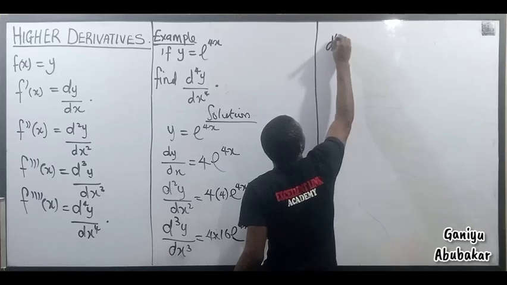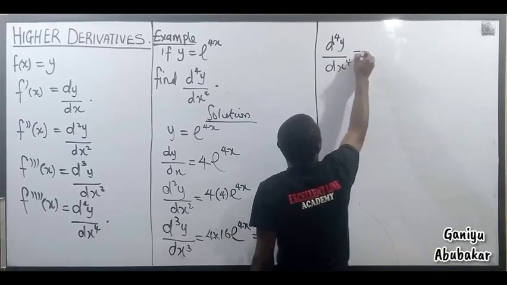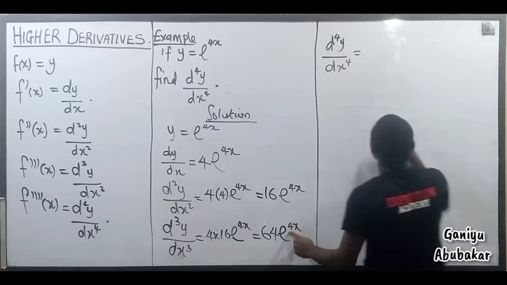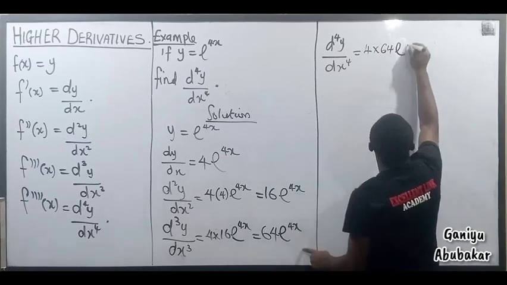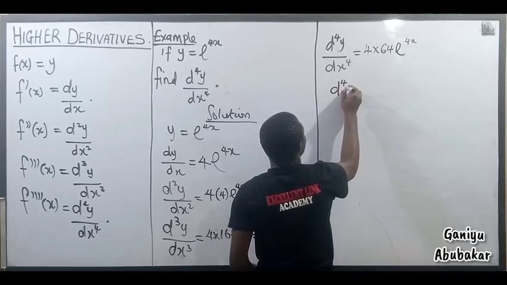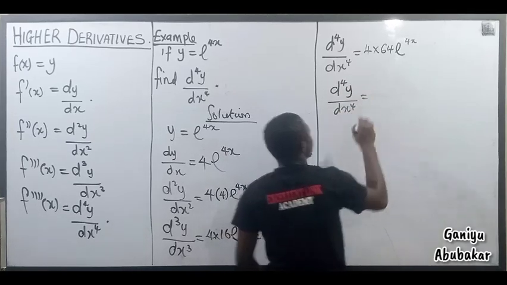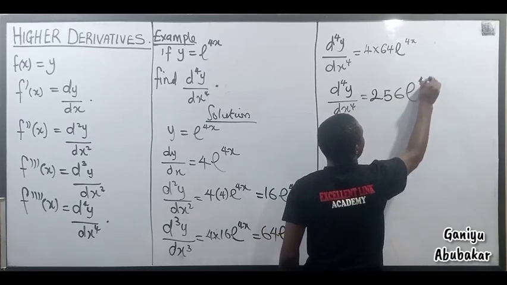Let's get d⁴y over dx⁴. Simply differentiate, that's all. If I differentiate 4x, I'll have 4 multiplied by 64 exponential 4x. Of course, my final answer for d⁴y over dx⁴ is 256 exponential 4x.